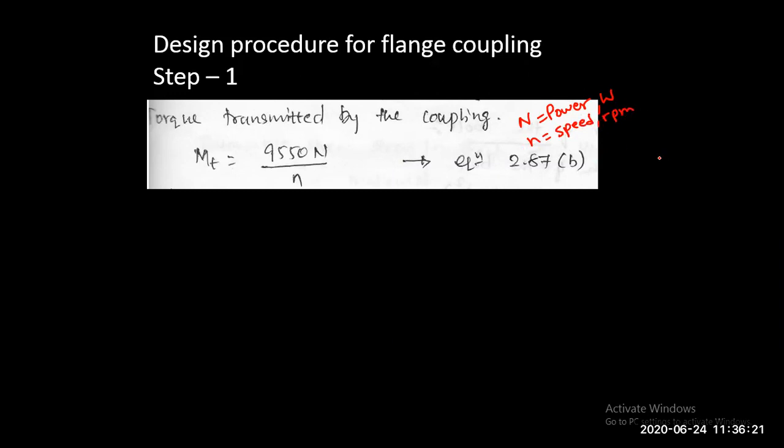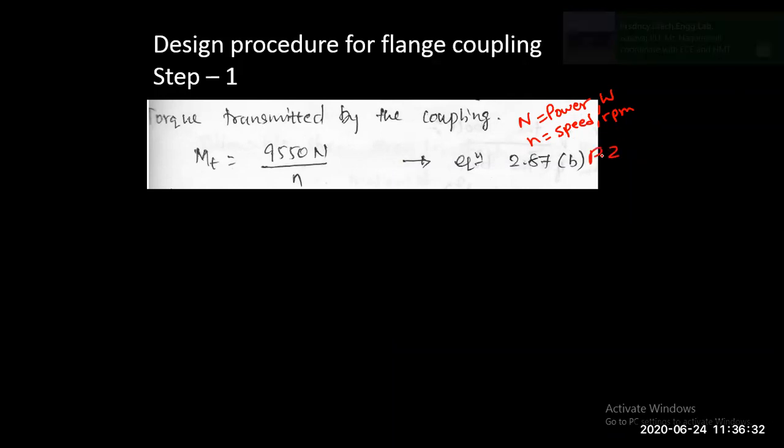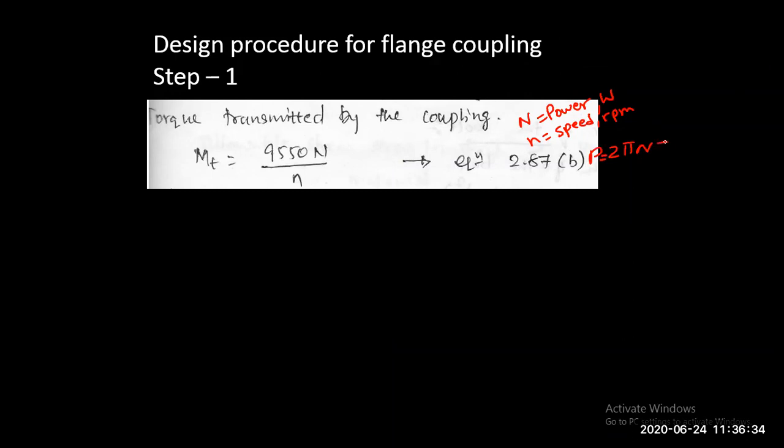But usually we won't use this. What general equation we have, we can use. Only know the basic differences. Power equals 2 pi nT by 60,000. So this is for torque. You can use this or this; both are one and the same.